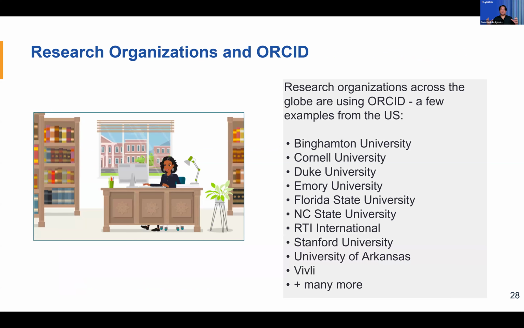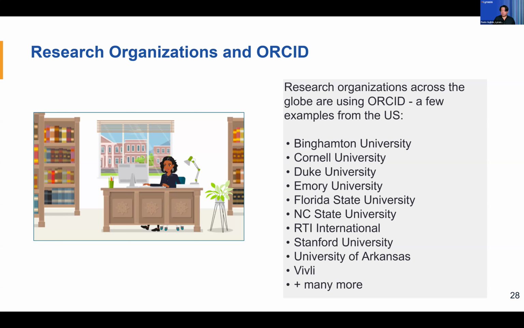All right. So research organizations are also using ORCID. Examples such as Binghamton University, Florida State University, RTI International, University of Arkansas, they are asking their researchers, their faculty, to have an ORCID ID.